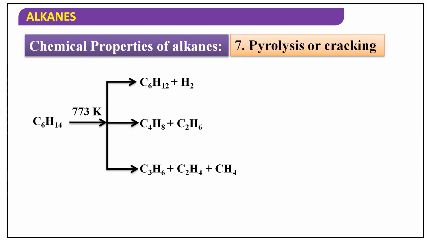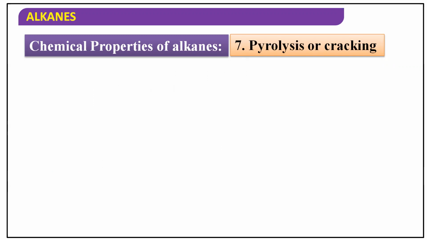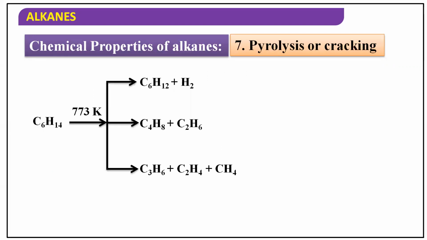So you can see different types of products are there, in which we have hydrogen, then C6H12. C6H12 is nothing but CnH2n, alkene. C4H8 alkene, C2H6 alkane. If you have any doubt, apply the formula. CnH2n plus 2 is for alkane.